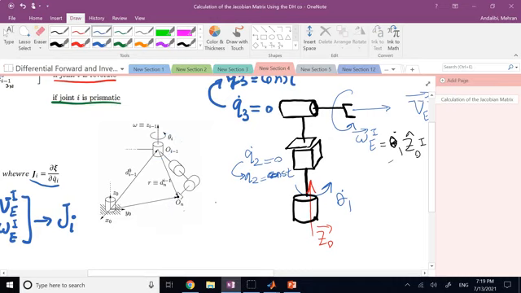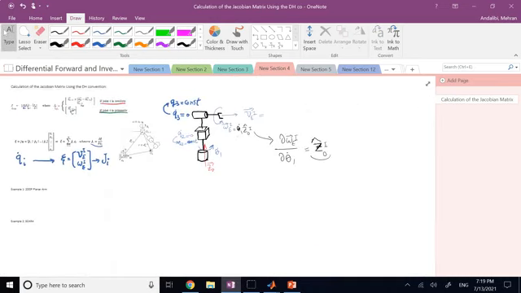And the answer is, if you remember from rigid body dynamics, if this is a point here, and this is the center of rotation, and the point of interest is here, if this vector is r, and it is rotating with angular velocity omega, then v, the velocity, if you remember from rigid bodies, was omega cross r.